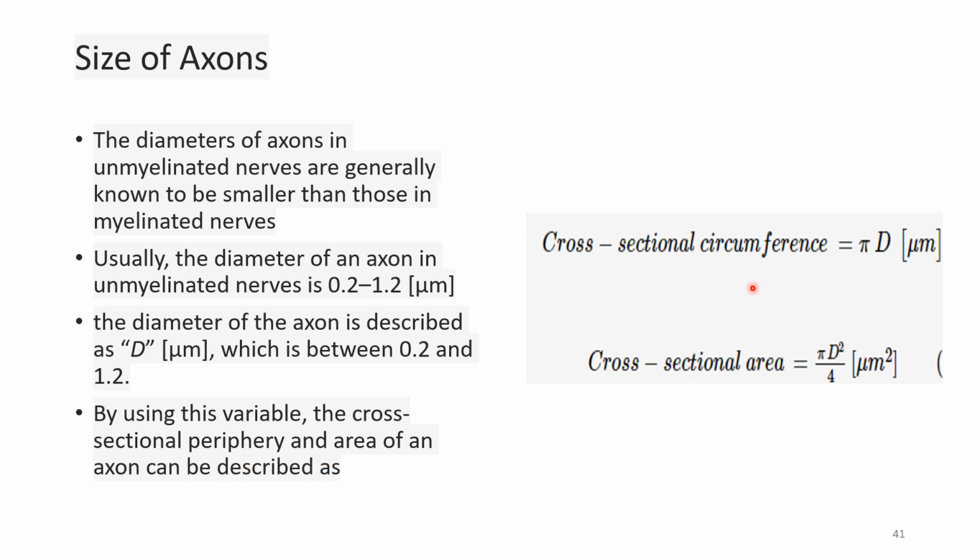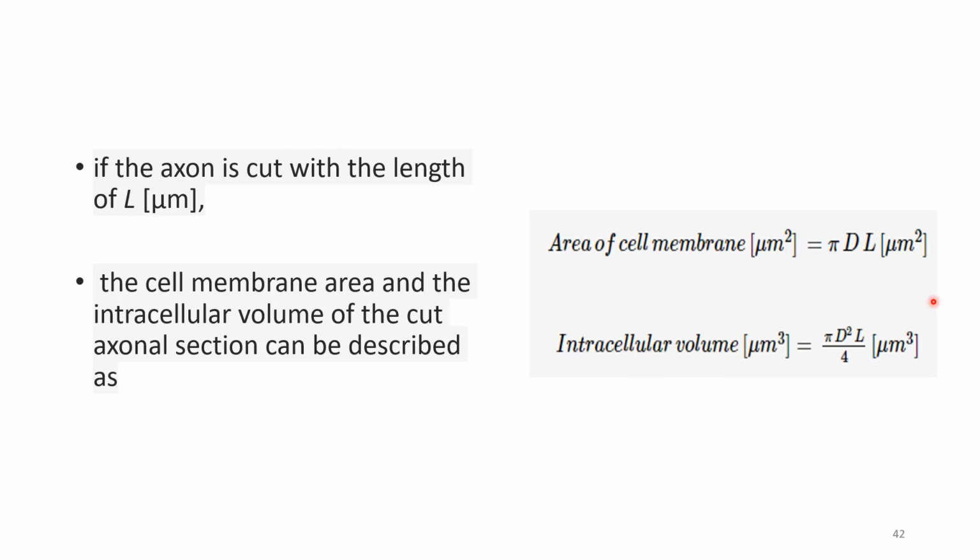Using this, we can derive cross-sectional circumference as pi d and cross-sectional area as pi d square by 4. If the length of the axon is L, then the area of the cell membrane is pi dL, and the intracellular volume is pi d square L by 4.